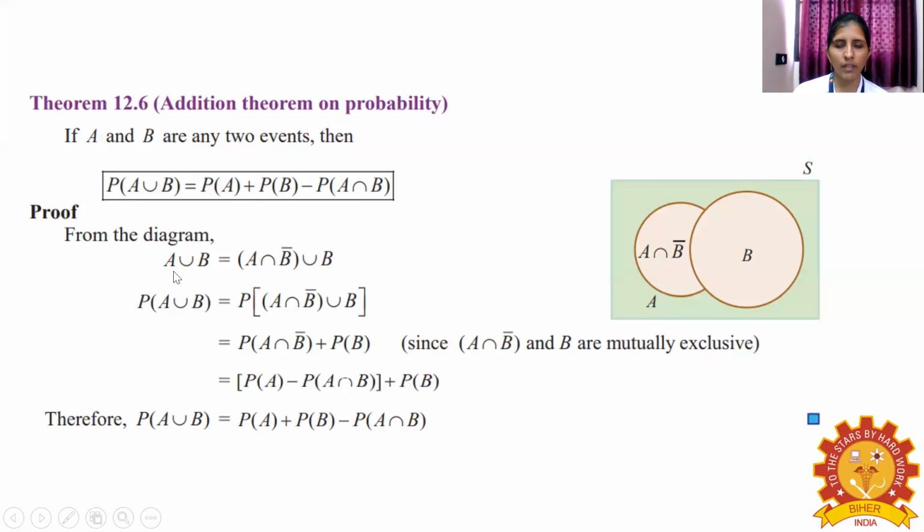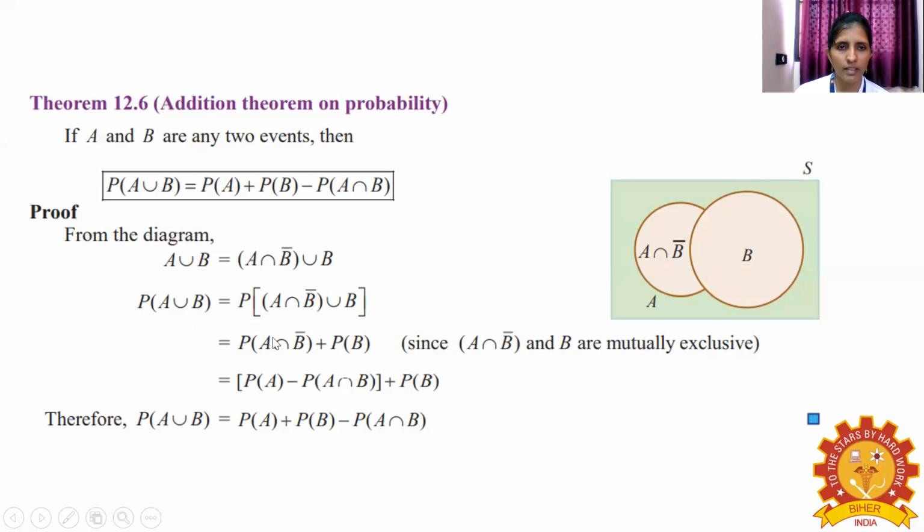From the diagram we have A union B is equal to A intersection B bar union B. So P of A union B is equal to P of A intersection B bar union B. Next we use the addition symbol here, since both these are mutually exclusive events.